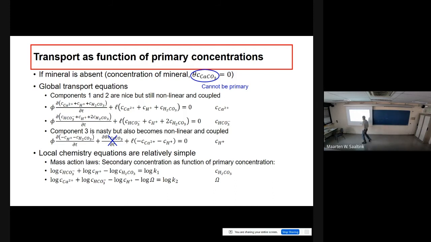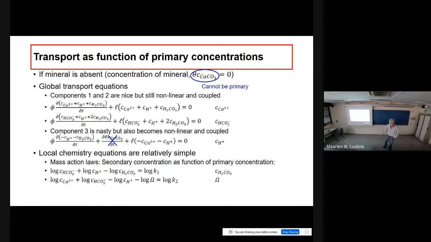And of course, here there is one calcium carbonate which doesn't exist. Here I put, for instance, some of the primary species: calcium, bicarbonate.